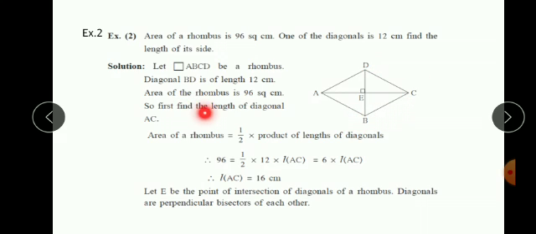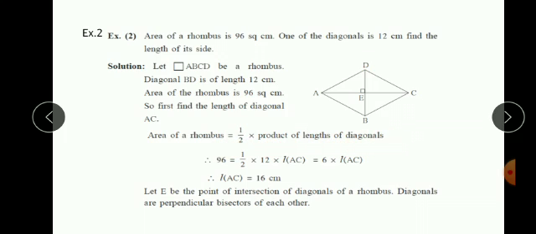So first find the length of the diagonal AC. If you find the length of the diagonal, then only it will be possible for you to find the area of a rhombus by substituting both the diagonals' values. So here we don't know the length of the first diagonal, that is AC. So let us find, area of rhombus is equal to half into product of lengths of diagonals.